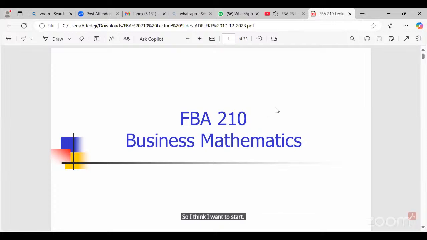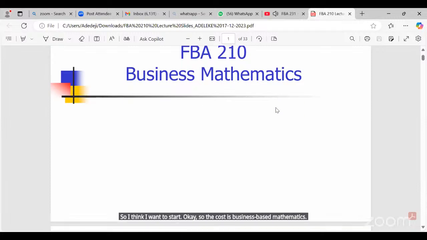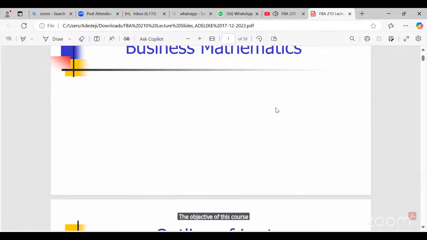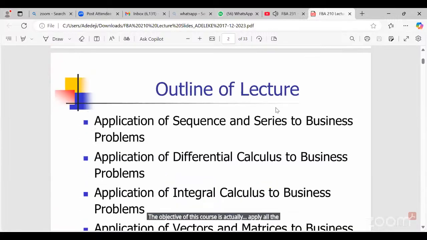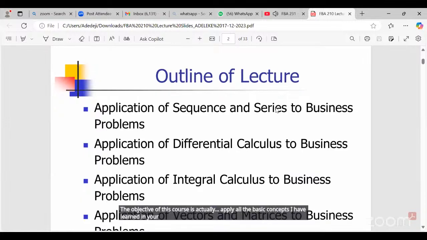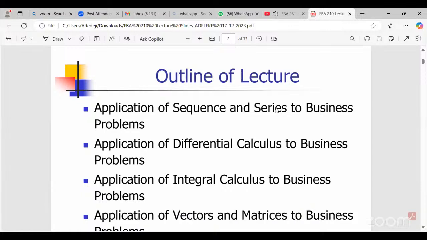So the course is business mathematics. The objective of this course is to apply all the basic concepts that you have learned in your FBA 110 and 120 to solving basic business problems. That means we shall be applying the concept of sequence and series to business problems.